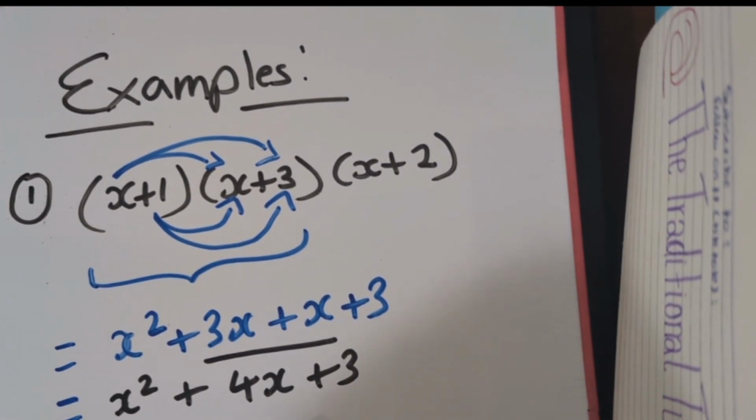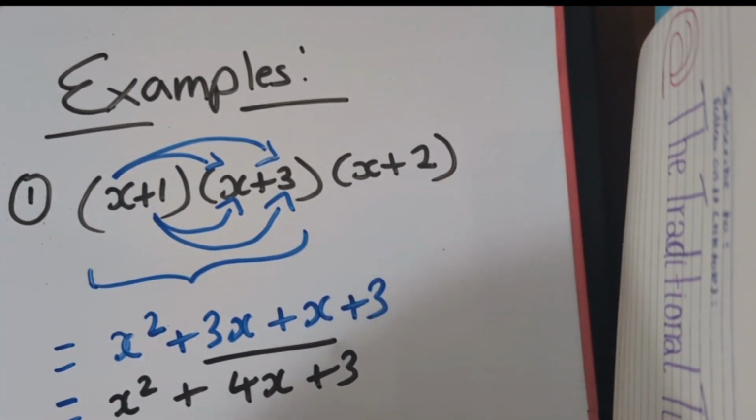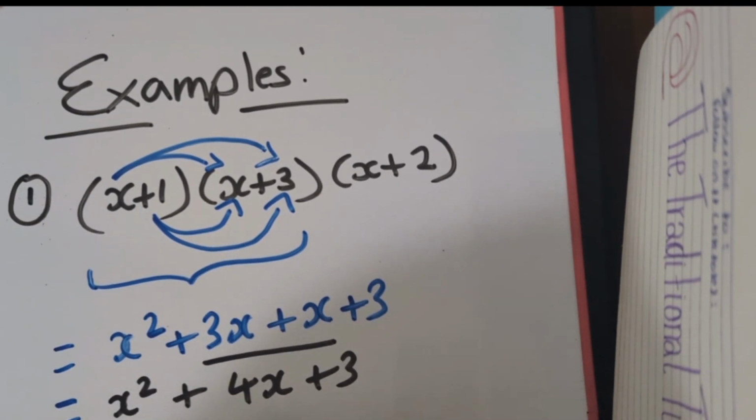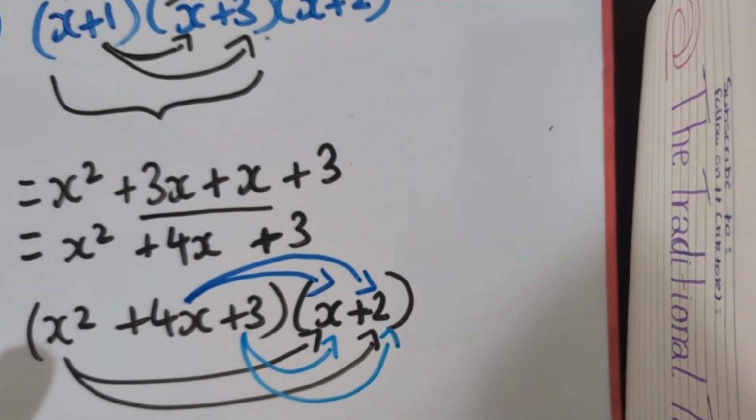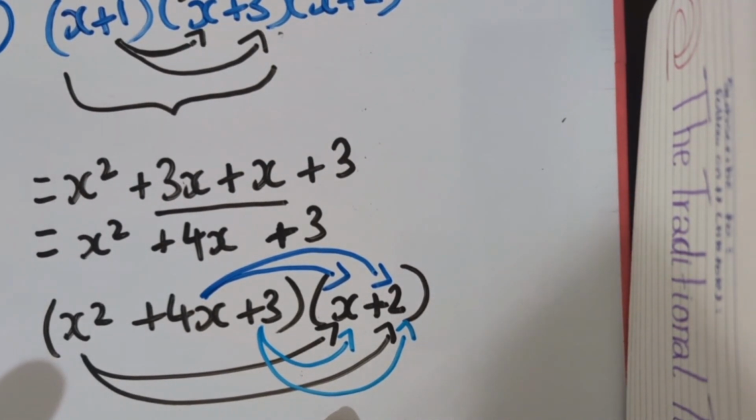We've got to multiply this by our last final bracket. The way to do this is you could write down this quadratic first and then multiply it by your bracket, but if we did it like this we'd have a lot of arrows, going from each term to each term in the second bracket. It would be easier to do it the other way around.